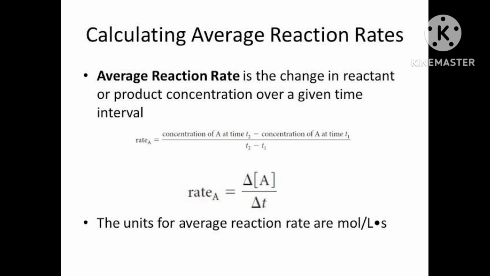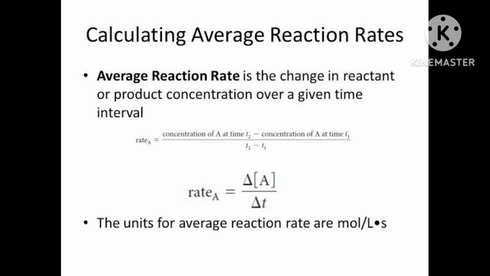It is very easy, because now you know the reaction they have given: 2HI in the gaseous state, small g, giving two products, H2 gas and I2 gas, meaning vapor. Now what will be the rate? By seeing the equation you can write the rate expression. The rate of reaction in terms of HI is d[HI] or delta [HI] divided by delta t.